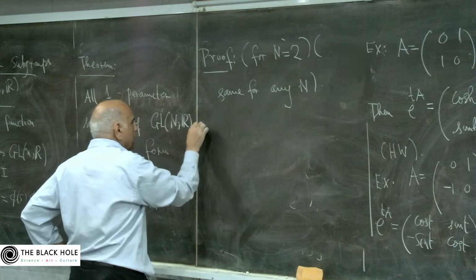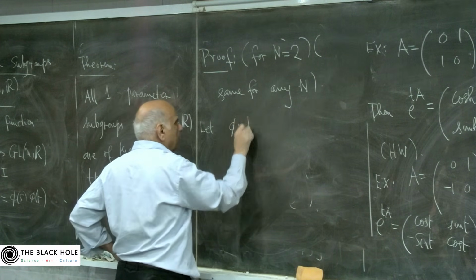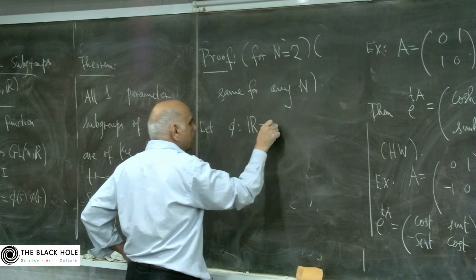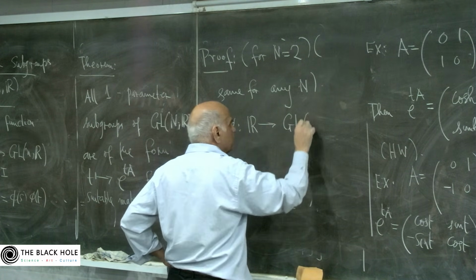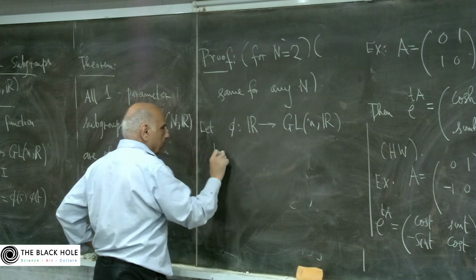So let phi from R to GL n R be a one parameter subgroup.